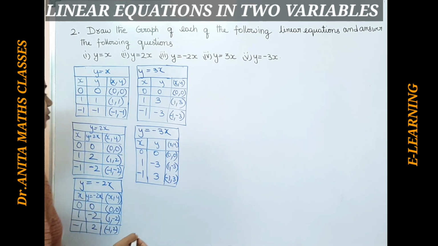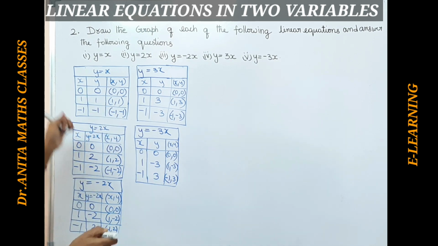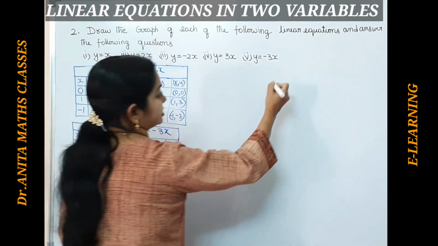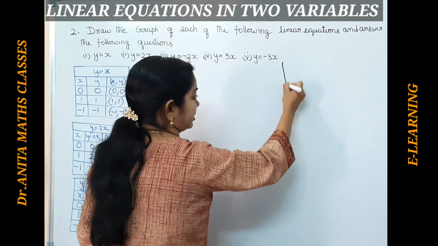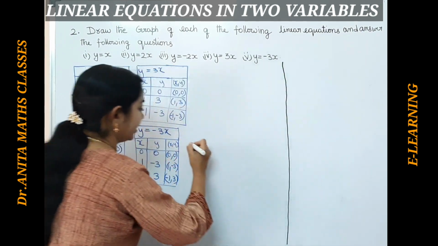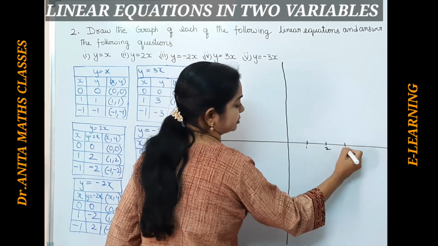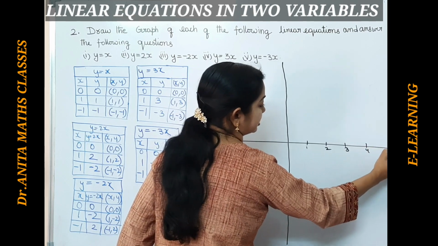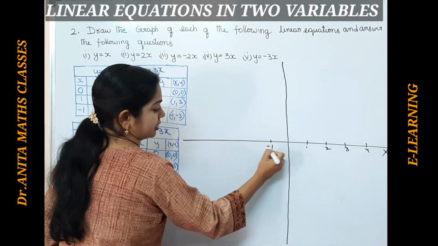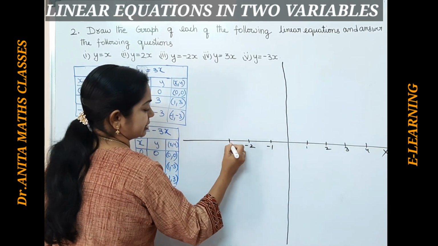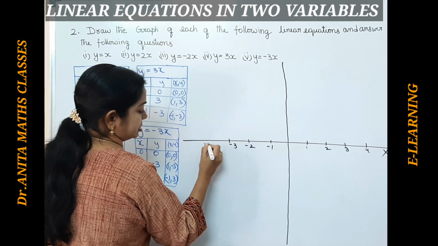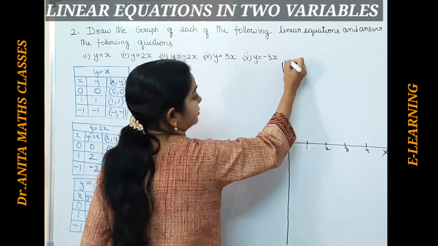Okay. So all these 5 graphs we will plot on only one graph sheet and we will observe how it comes. Let us take the y-axis and x-axis. So 1, 2, 3, 4 on the x-axis, and minus 1, minus 2, minus 3 on the negative side.